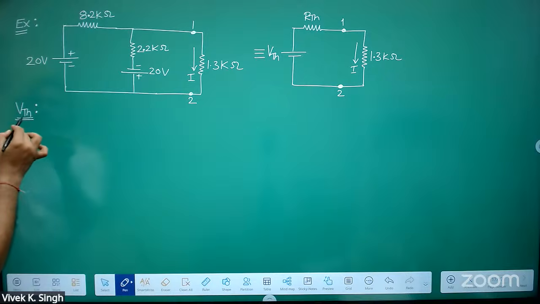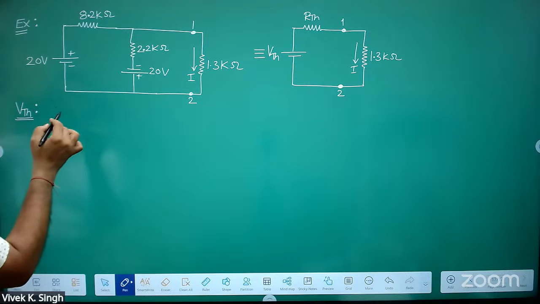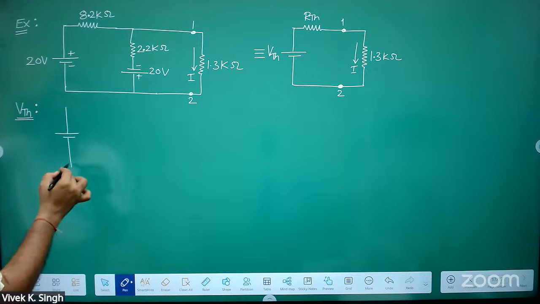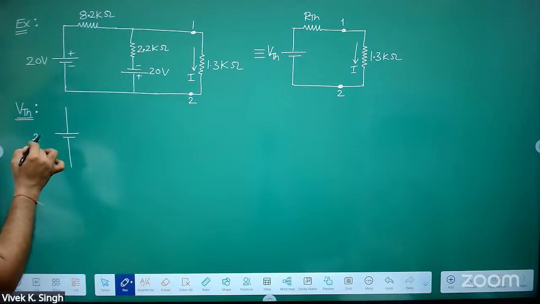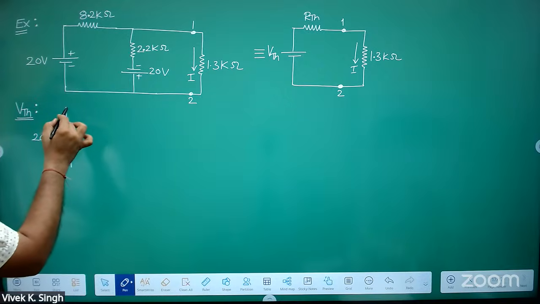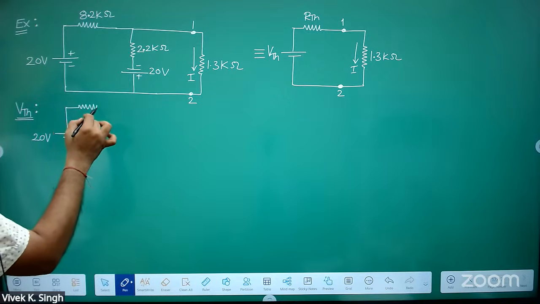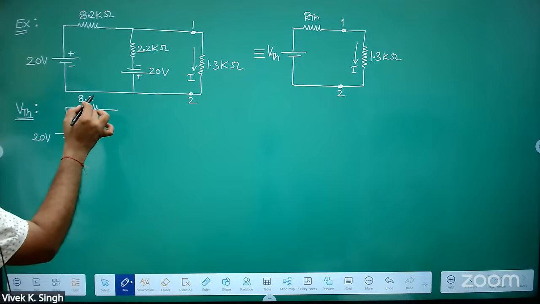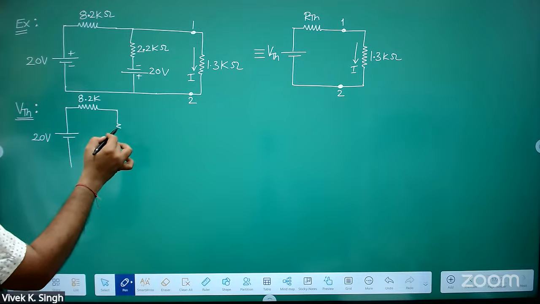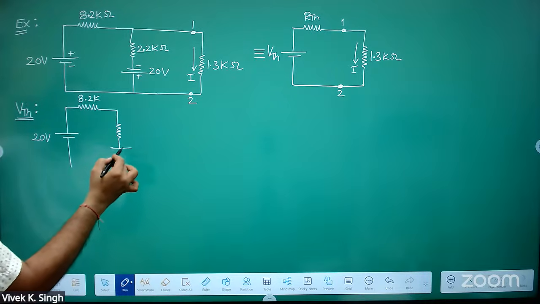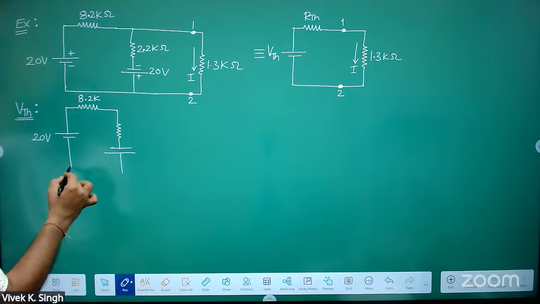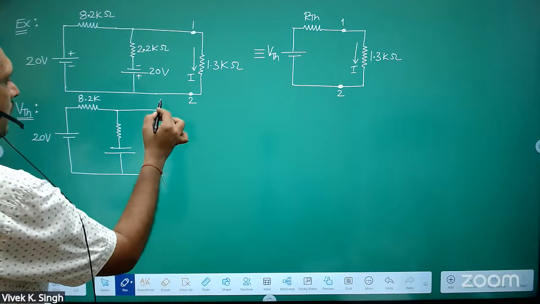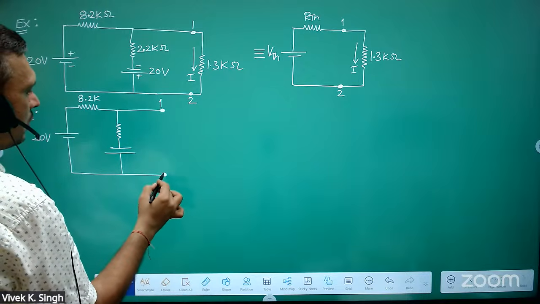The equivalent for VTH is given by 20 volt, 8.2K, this is 1 and this is 2.